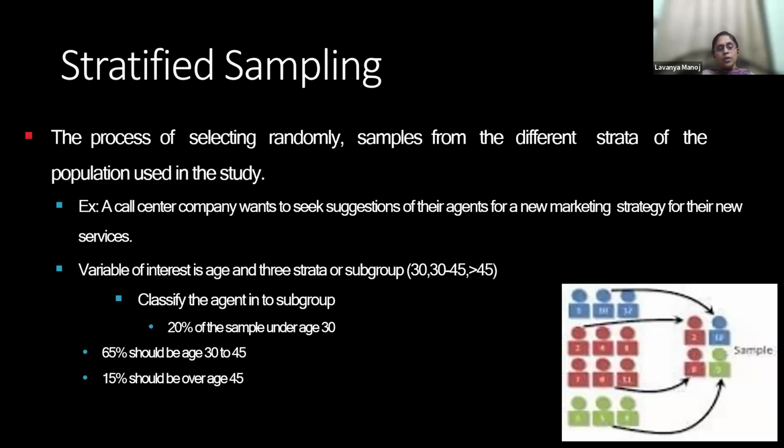And more importance, or more research, would be given to the sample size in the age group between, say, 17 to 35. Almost every person in that age group will be used as a sample, whereas for the other age groups, say between 5 to 10 and 11 to 17, only a few of the sample size will be given the chance to give their feedback. So this is stratified sampling.